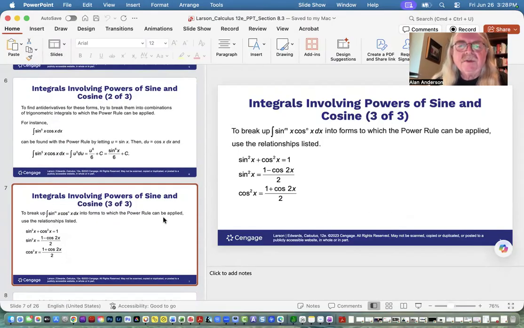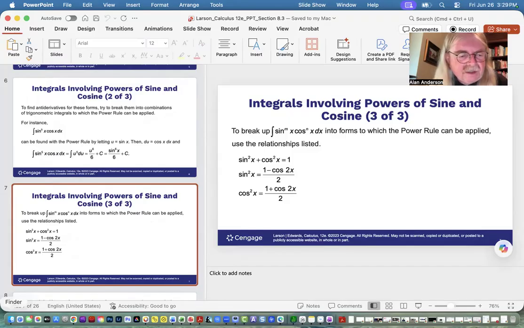By the way, I just want to mention there are so many trig identities. They're trying to help us out here by showing us just the ones we might actually need. If you were to look in the book, somewhere there's bound to be a list of all the trig identities.